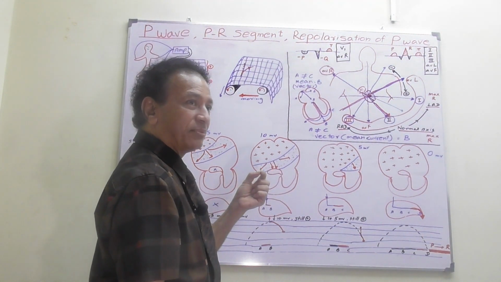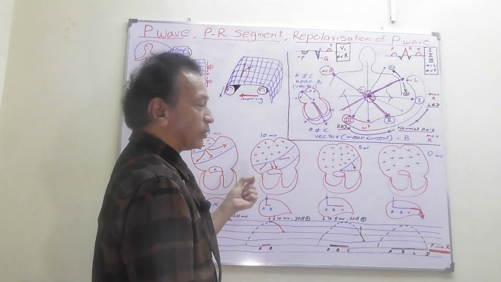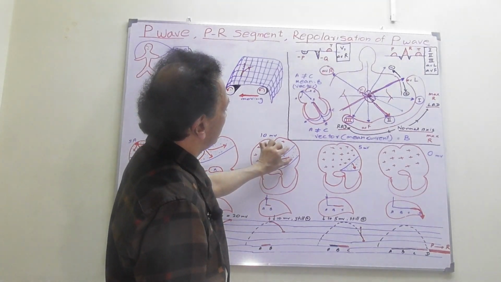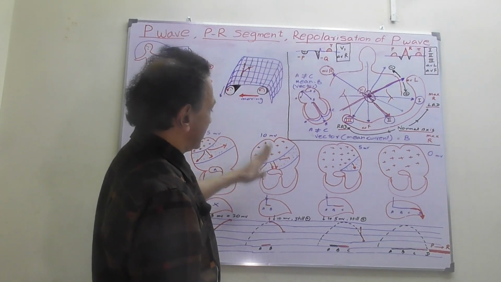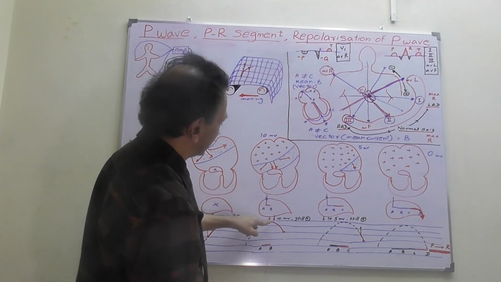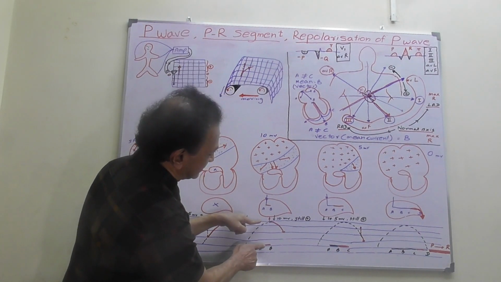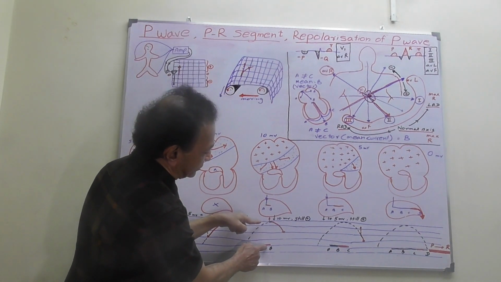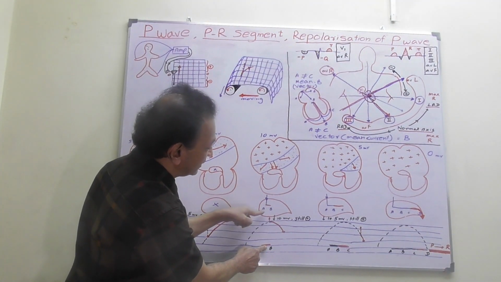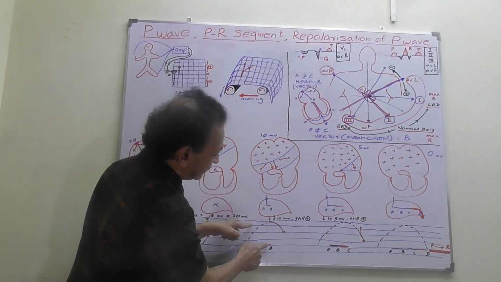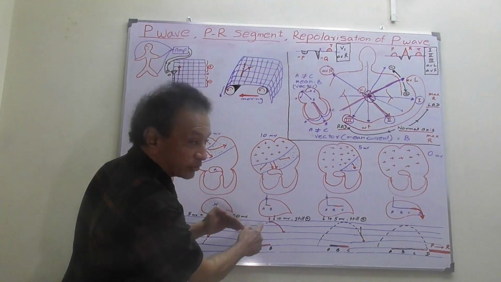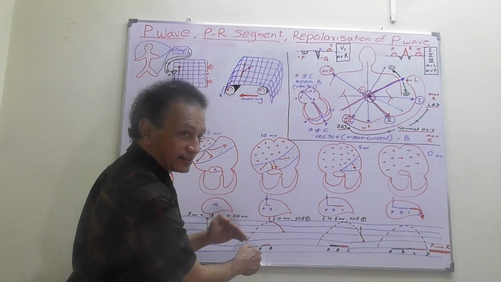The current being produced by the node is very minimal. So with the high amount of current being produced by the atria, this current is hidden inside that wave. Inside the P wave, this is the representation of the nodal contraction within the node, but the contraction is there, hidden within this high amount of current. So you won't see it.